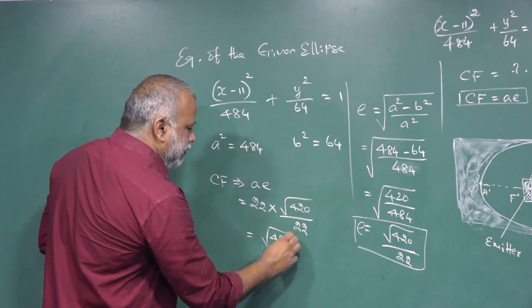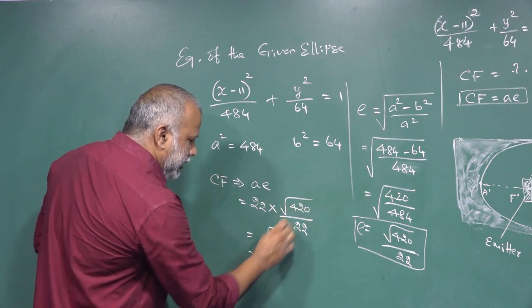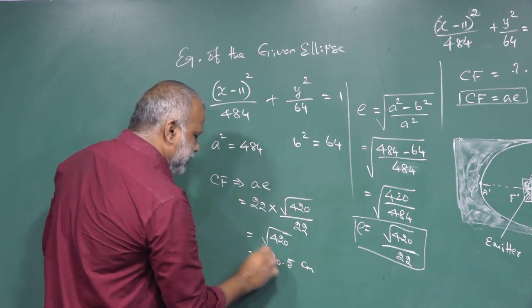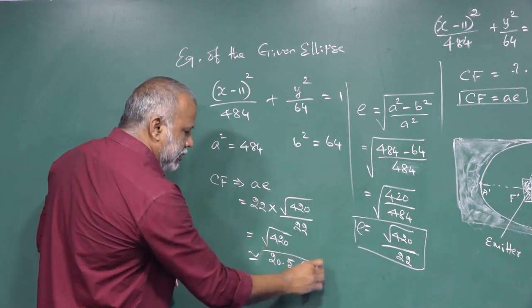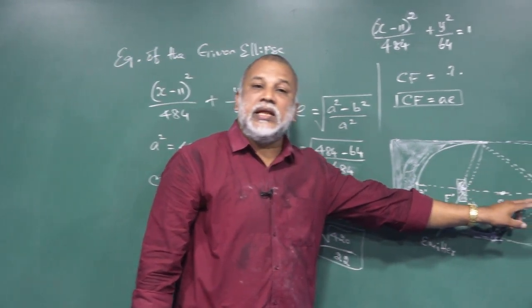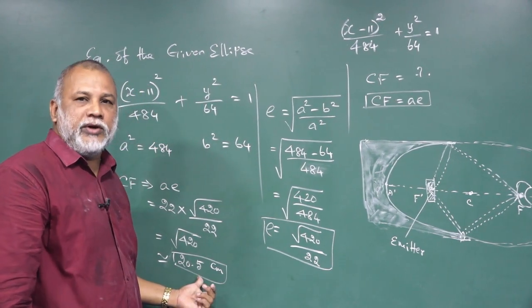Therefore, CF is the square root of 420, which is approximately 20.5 centimeter. Therefore, we can say the conclusion: the patient's kidney must be placed at a distance of 20.5 centimeter.